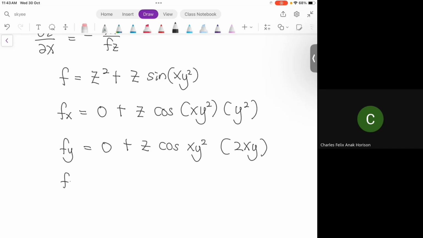Lastly will be your fz. 2z plus sine xy squared.